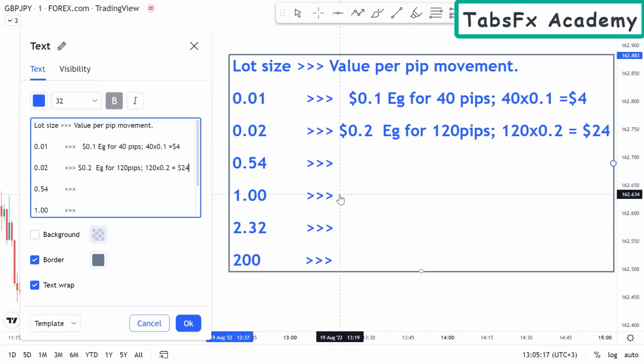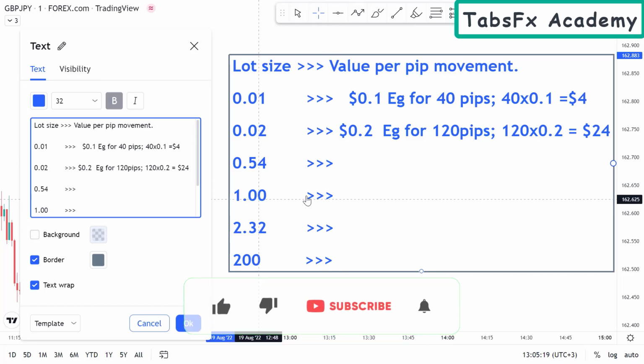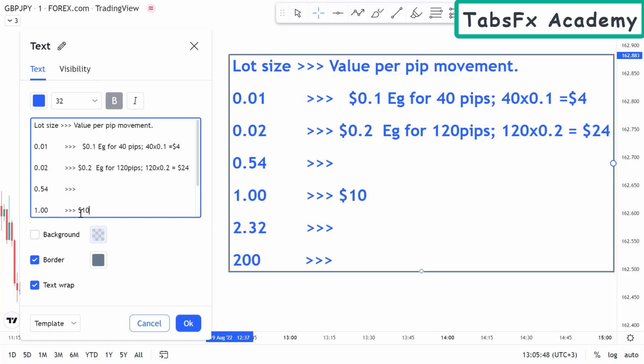So assuming that you placed a lot size of 1, how much do you get if the price has moved through only one pip? What do you do? Yes, simply multiply by 10. That is the value that we multiply. So simply multiply 10 times 1.00, and this will give you $10.